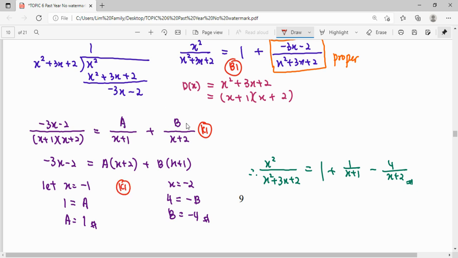Then the concept of solving, finding a and b by letting x be two values to get the answers of a and b. So finally, we have to express back into the original fraction, which is the improper part here, by substituting this part into the partial fraction. So this is how we score our 5 marks.